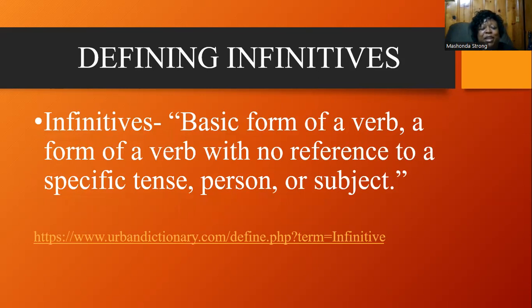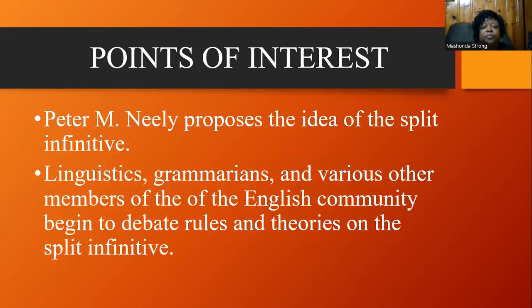So we're looking at a definition that I got or looked up in the Urban Dictionary because I try to use sources that we are already familiar with and what we use in this class. So infinitives, we're looking at a basic form of a verb with no reference to a specific tense, person, or subject.